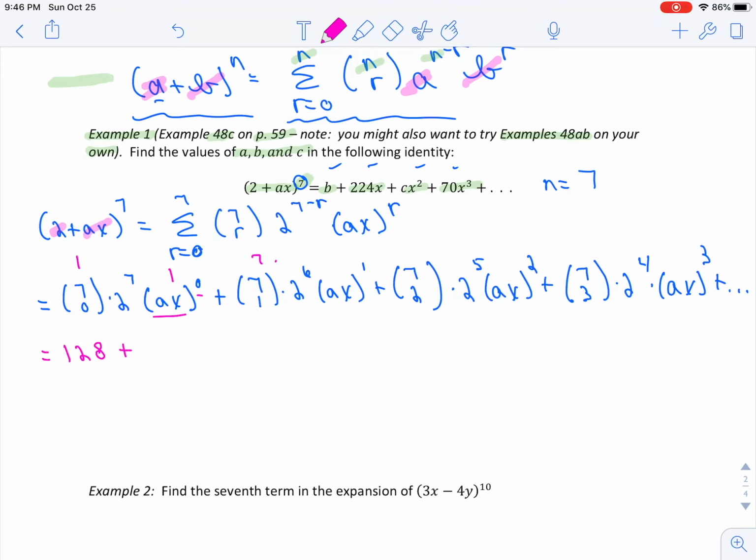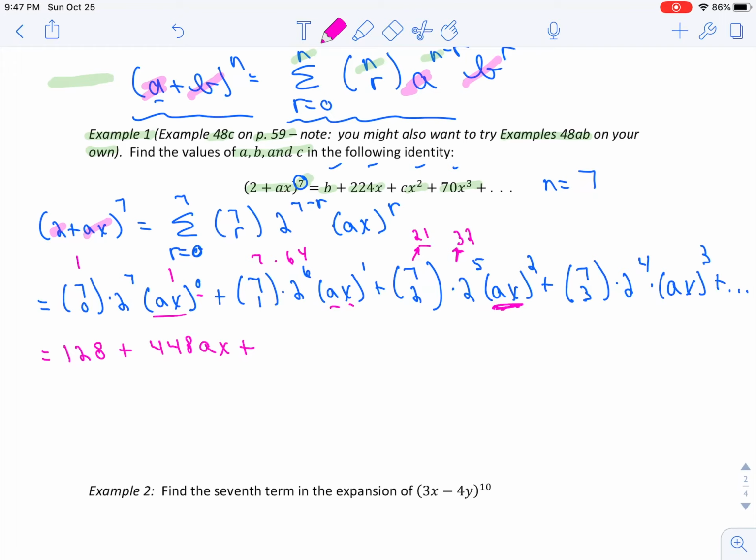Again, you can verify these on your own. 2 to the 6 is 64, and then we have ax to the first, so those will just be to the first. So we end up with 7 times 64 is 448, and then we have ax, plus 7 choose 2 is 21, and 2 to the 5th is 32. And then we're going to square each of these because we've got that product squared.